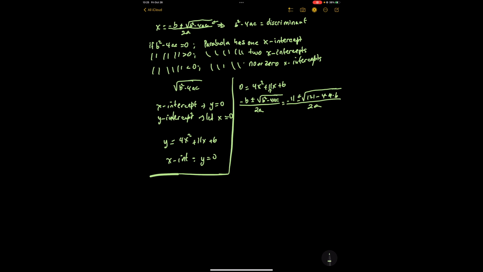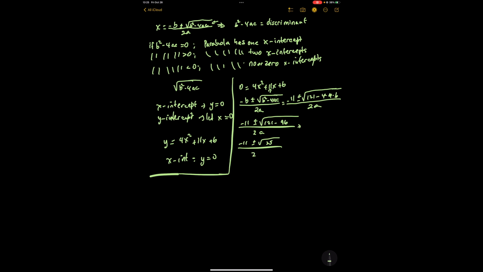What is 4 times 4? Actually, 4 times 4 is 16. What is 16 times 6? 16 times 6 is 96. So it's going to be negative 11 plus or minus the square root of 121 minus 96, which is equal to 25.